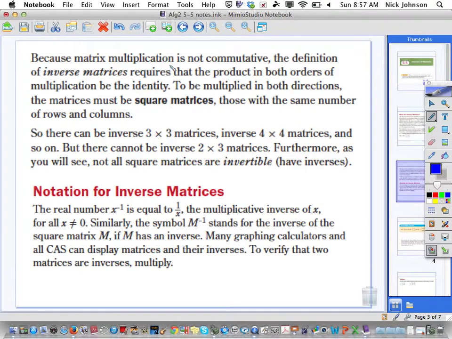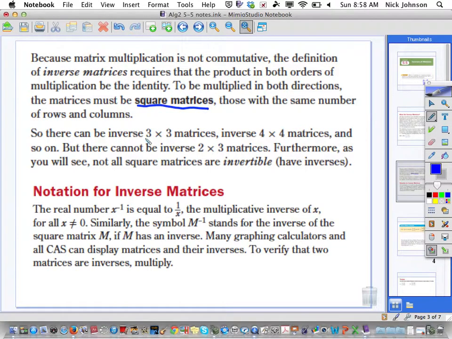Because matrix multiplication is not commutative, the definition of inverse matrices requires that the product in both orders of multiplication be the identity. To be multiplied in both directions, the matrices must be square matrices. Okay, that's a key point. Must be square matrices, those with the same number of rows and columns.